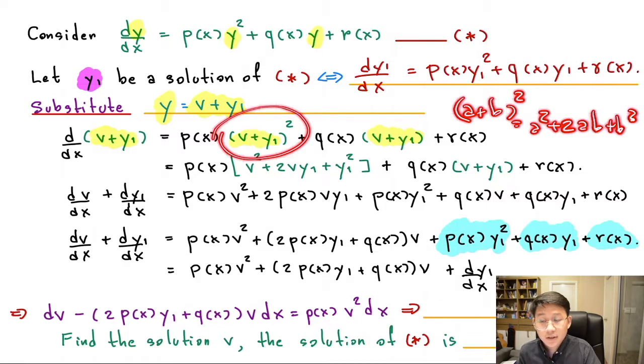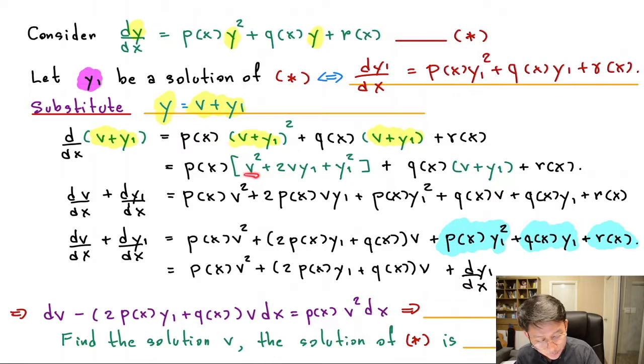That's the secondary school formula. So you have that is v squared plus 2vy1 plus y1 squared. Okay, and this, just copy it down.